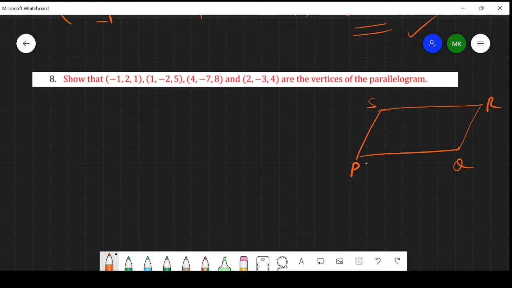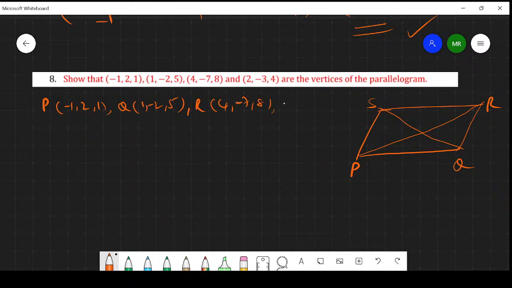I can write here PQ equals SR, QR equals PS, and the diagonals are not equal. You take the points: P is minus 1, 2, 1 and Q is 1, minus 2, 5 and R is 4, minus 7, 8.